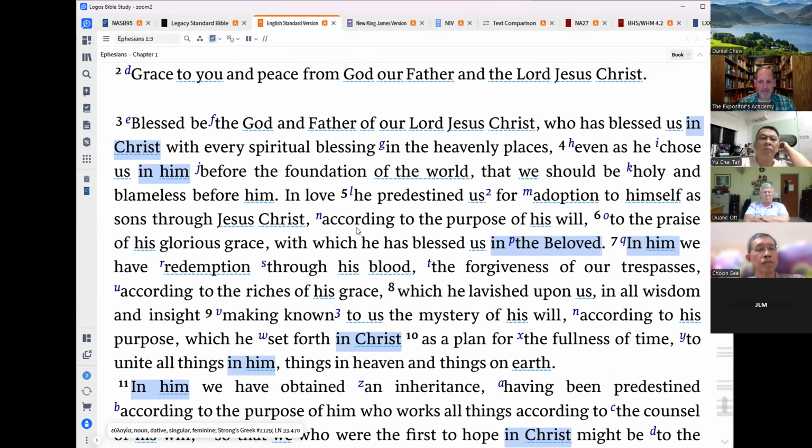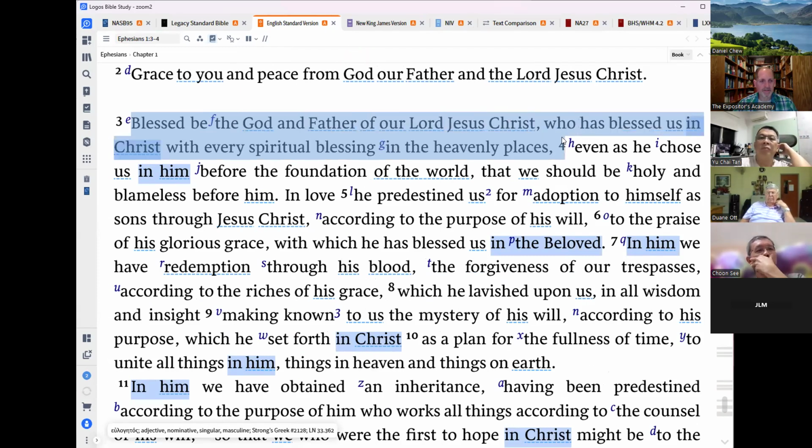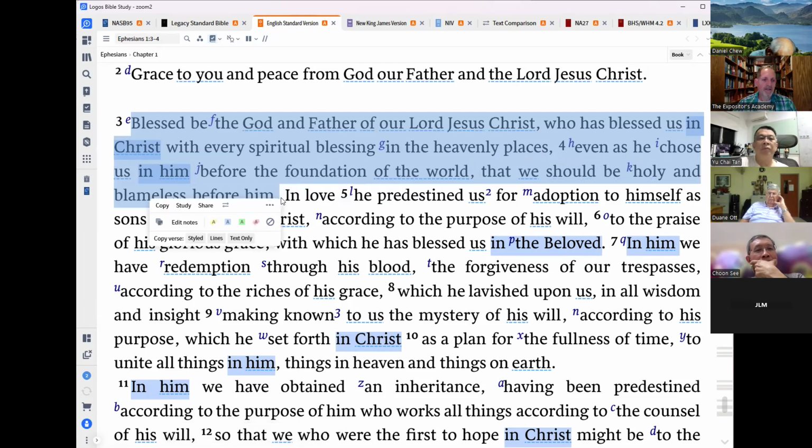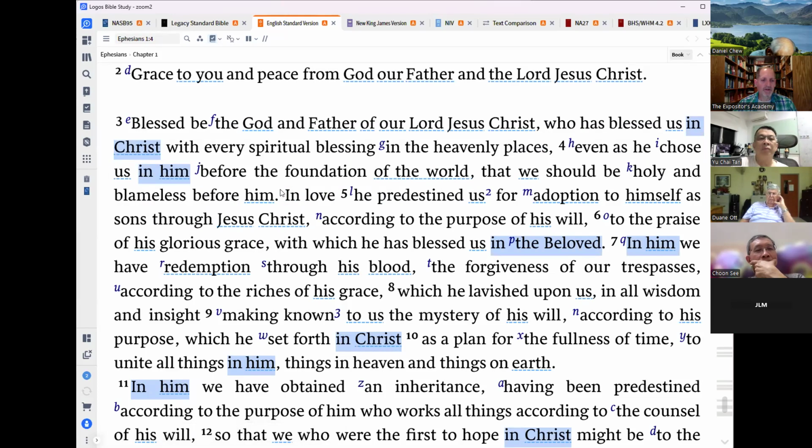So notice, okay, so blessed be the God and Father of our Lord Jesus Christ, who has blessed us in Christ with every spiritual blessing, even as he chose. So he's still going, same sentence, chosen us in him, that we should be holy and blameless before him. And then notice there is a period here. If you guys can see that.